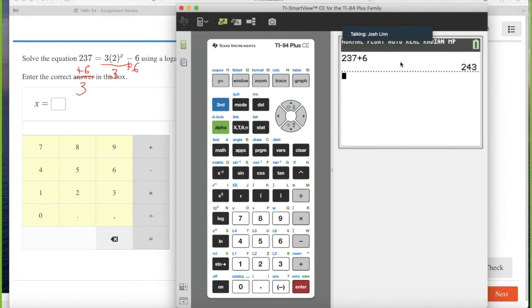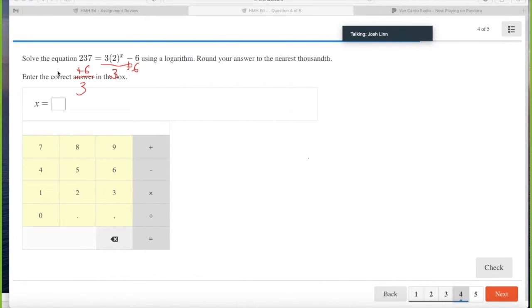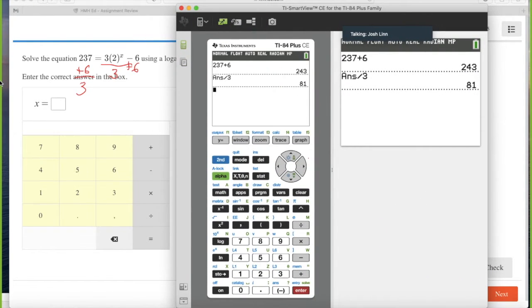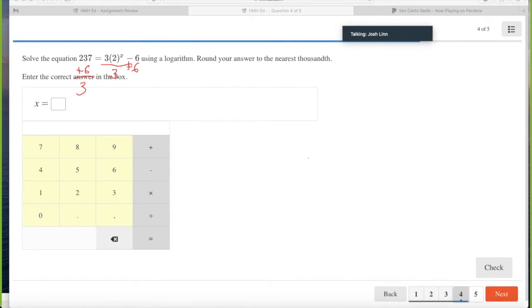So if I just typed it all in with no parentheses, it would give me a wrong answer because of order of operations. Don't forget order of operations. So we divide by 3, we get 81. So at this point, our new equation is, thank you calculator, you are dismissed, 81 equals 2 to the power of x.